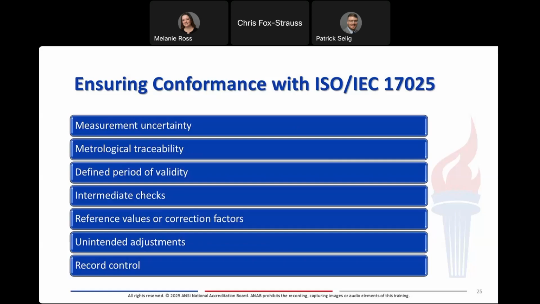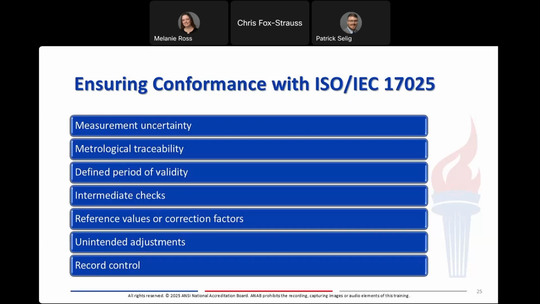When looking at requirements that require conformance with the 17025 standard for in-house calibrations that are above and in addition to conforming to these requirements for the testing that is performed, are those requirements related to measurement uncertainty and metrological traceability, as well as a defined period of validity for the equipment that is being calibrated.